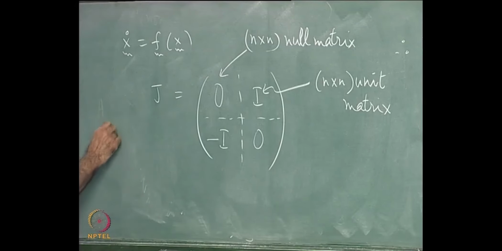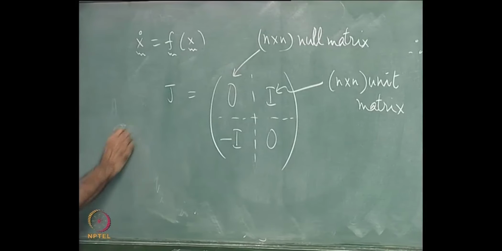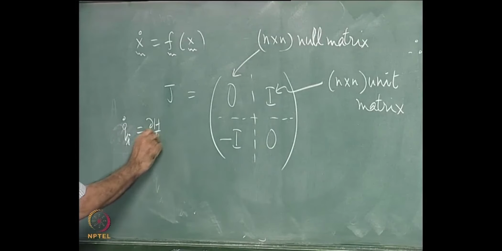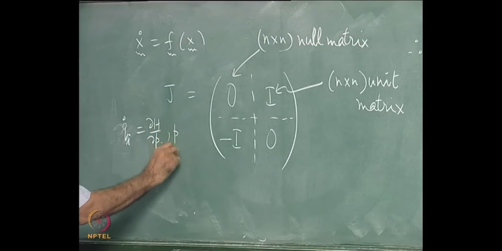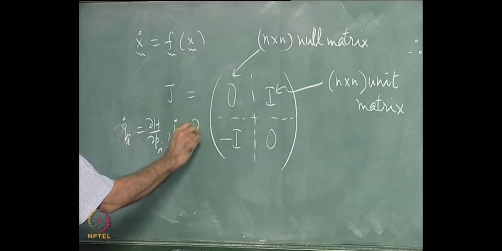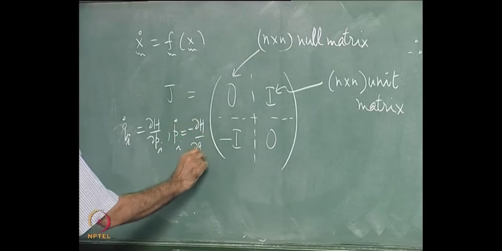Then it is not hard to see that the equations of motion in the Hamiltonian case, which are qi dot is delta H over delta pi, and pi dot is minus delta H over delta qi.